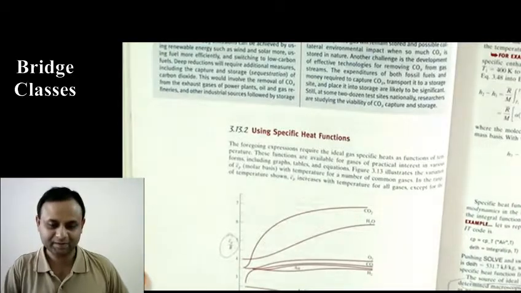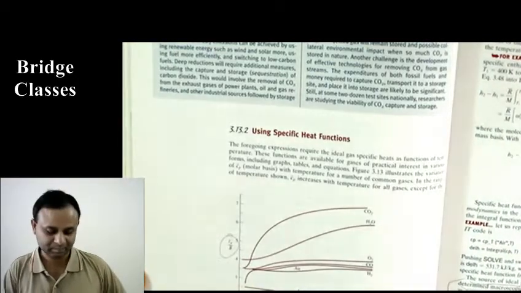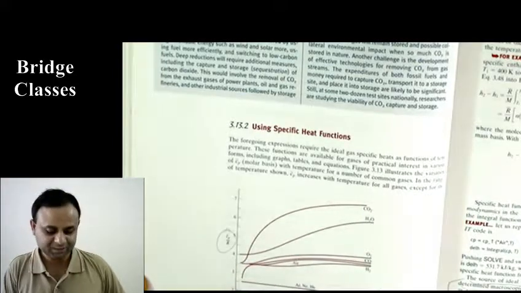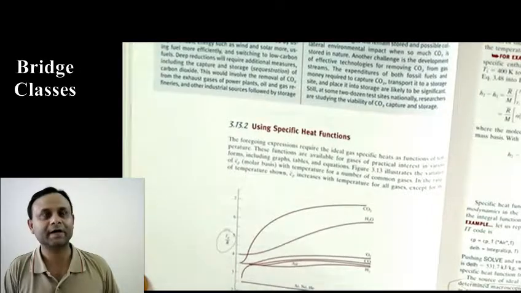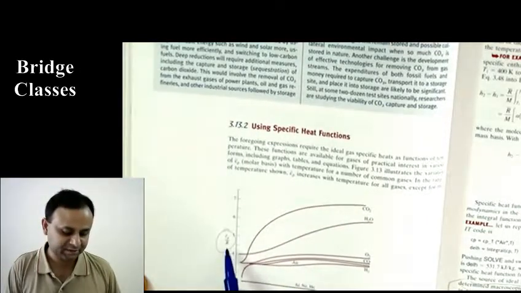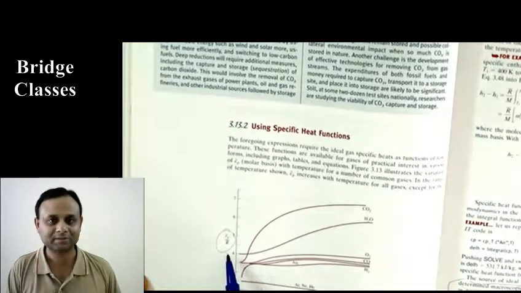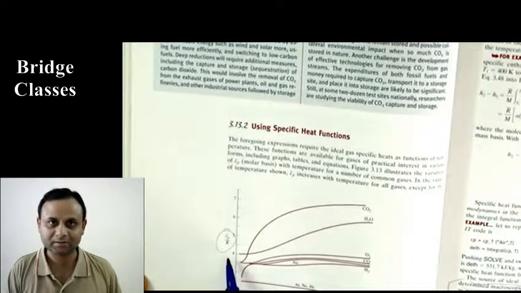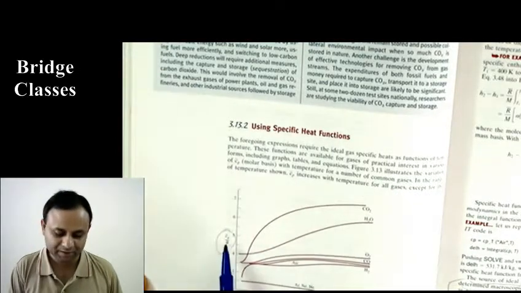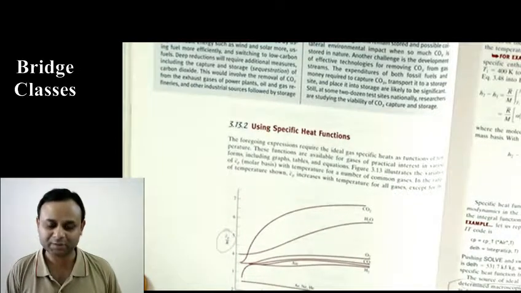But what I have here, in this plot, this is from the textbook. On the x-axis it has temperature and y-axis is Cp over R. So this is non-dimensional because the dimension of Cp is same as dimension of R. So Cp over R is non-dimensional.